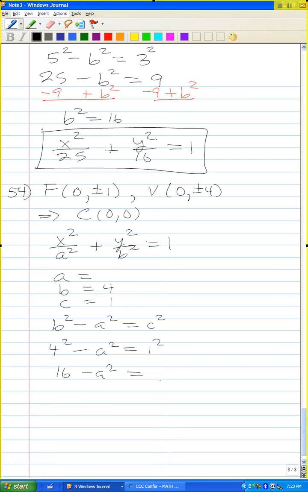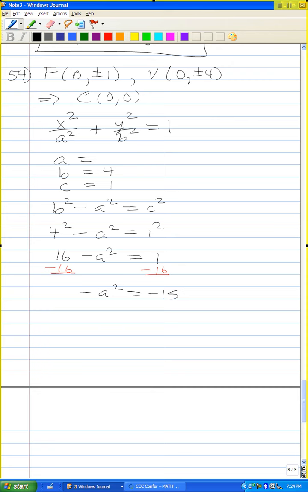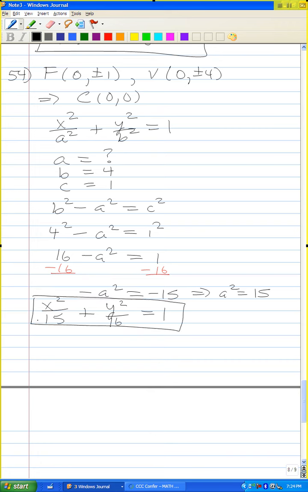Subtract 16 from both sides. Negative a squared is negative 15. So a squared is equal to 15. Therefore, the equation of your ellipse is x squared over 15 plus y squared over 16 equals 1. And that is the equation of your ellipse.